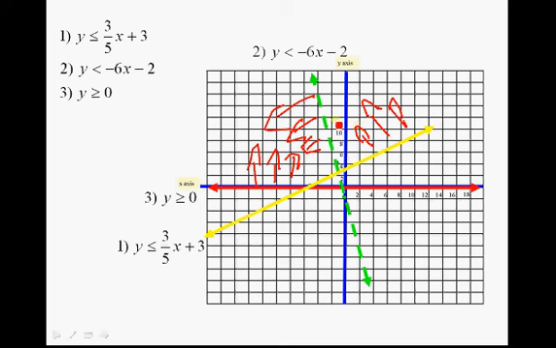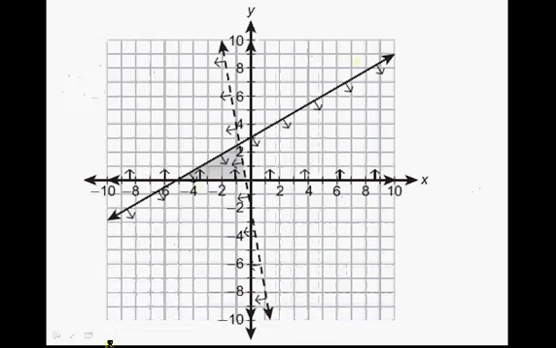Oh, it's less than. I'm sorry, I made a massive mistake. It's less than, it's coming this way. That's not accurate. So what's going to happen is they're all going to meet right here in the middle. Because the green line is going to the left, the yellow line is going down, and the red line is going up.